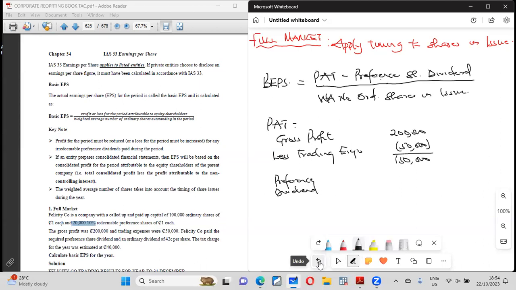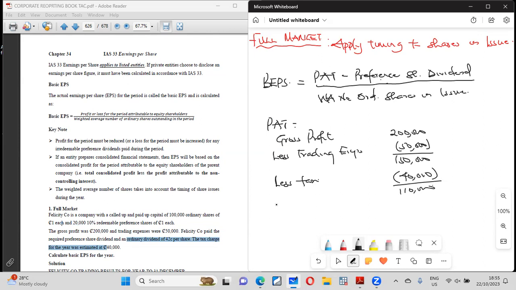All right. So let's go by the way the formula is giving us. Let's less tax. So taxation is 40,000, right? So we have 40,000. That gives us 110.